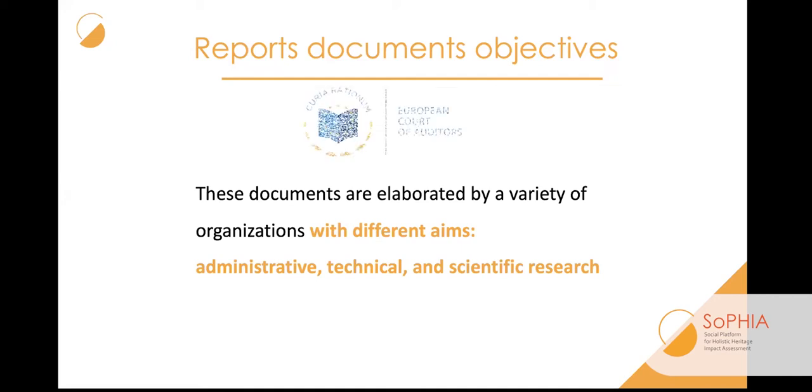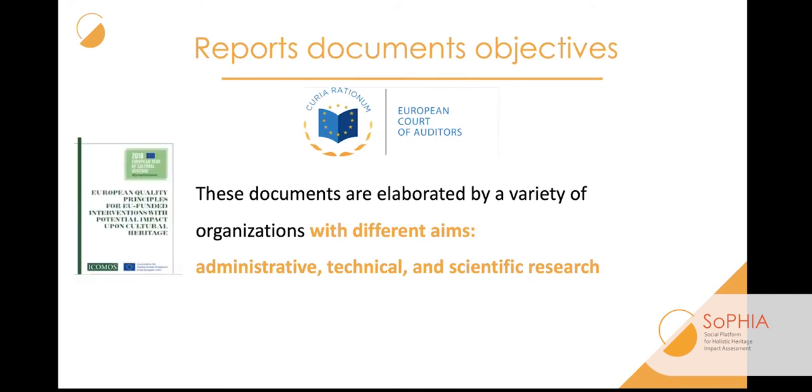We have administrative aims; we talked about the European Court of Auditors. Then we have a technical organization, and here you can see on the screen the latest ICOMOS report, very important, which highlights quality principles for the intervention on cultural heritage.